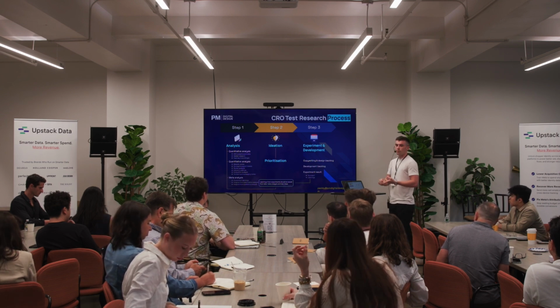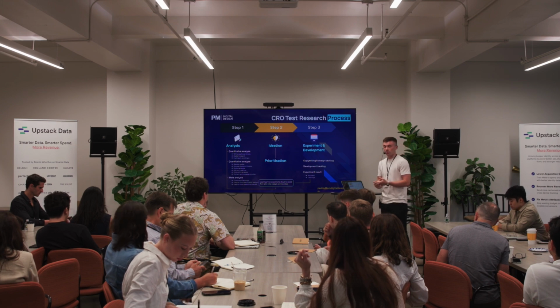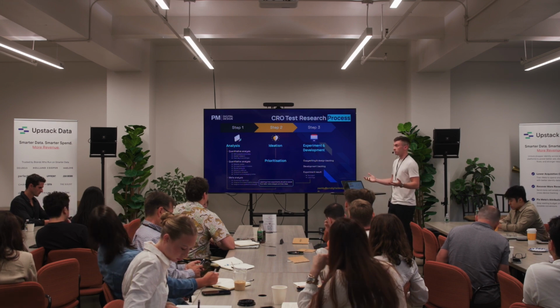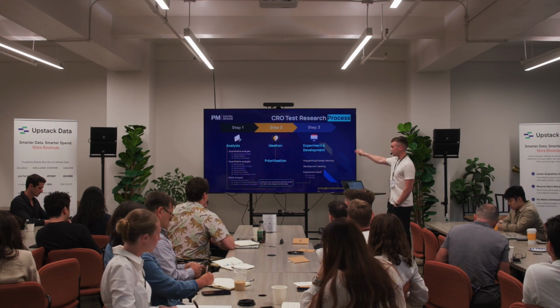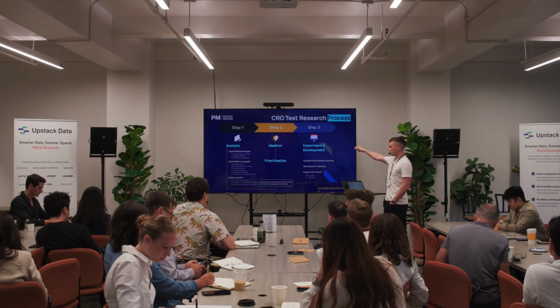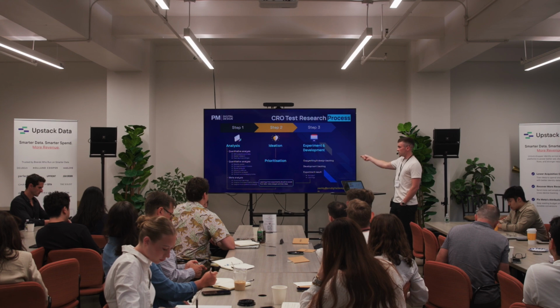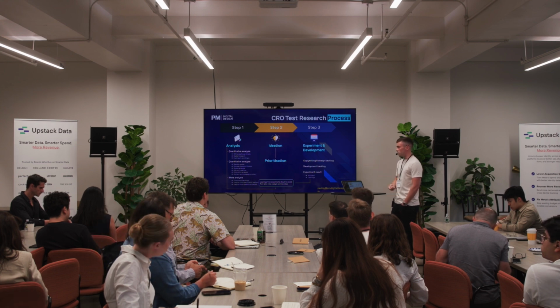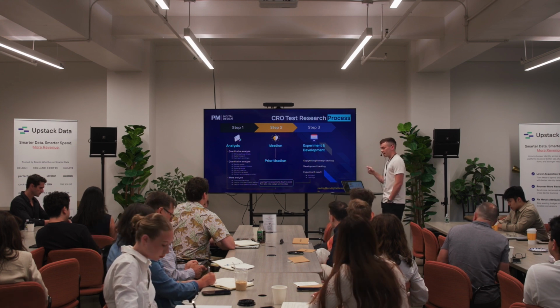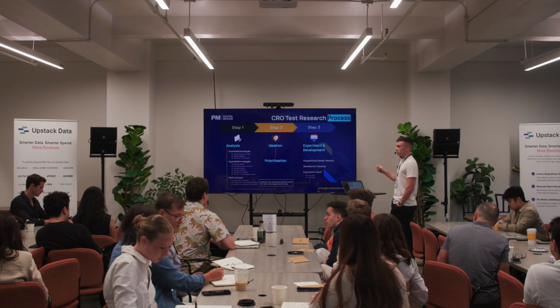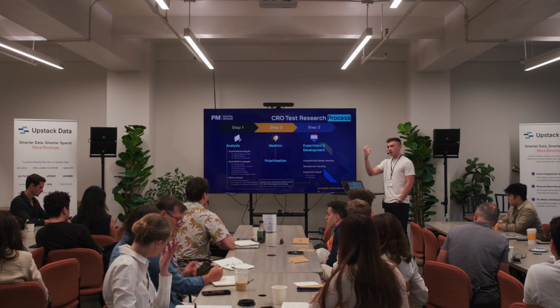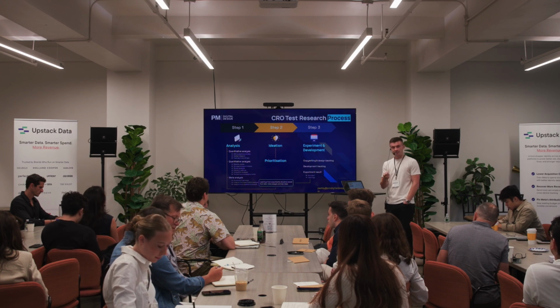If it's copywriting tests, they're really quick, they're really easy, and they have such a high impact, okay? So you should probably prioritize that first. And then comes the most important part. We copywrite it, we design it, we develop it, and then how do we learn from that? That's the key thing here. CRO is never ending. If you test something, you should be extracting the learnings and then retesting it again.